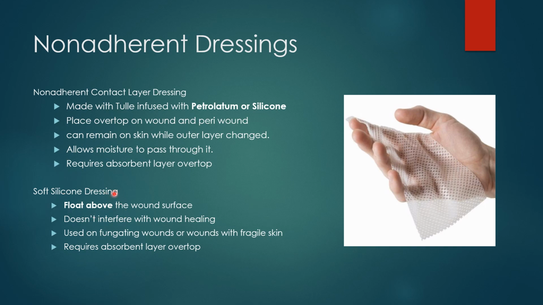They do not interfere with any wound healing, as it doesn't technically touch the wound, it just floats right above. They can be used on fungating wounds or wounds with very fragile skin. But they do also require an absorbent over top layer. Similar to the non-adherent contact layer, these dressings do not have any absorption mechanism, so they do require an external layer over top.